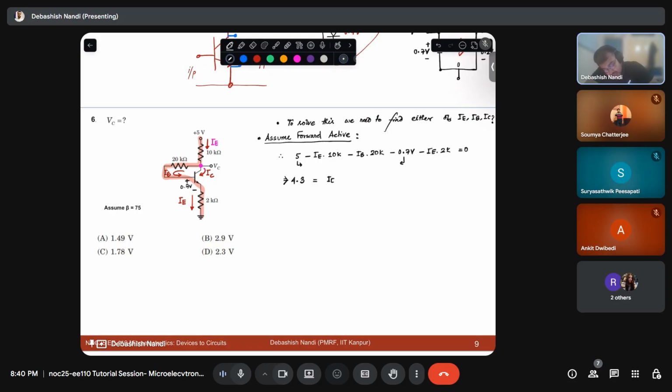This will give me IE times 12K plus IB times 20K. So IE is nothing but beta plus 1 times IB times 12K plus IB times 20K. So 4.3 equals, beta is 75, so 76 times 12 plus 20 times IB.